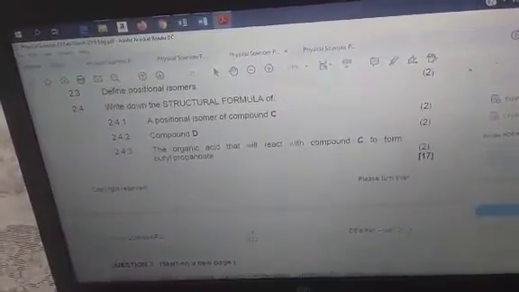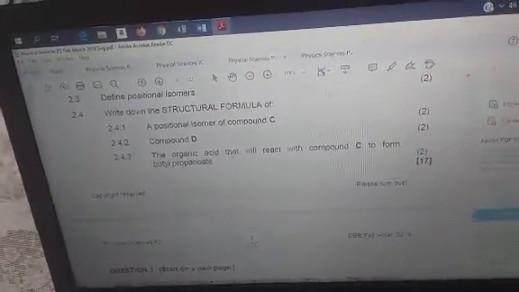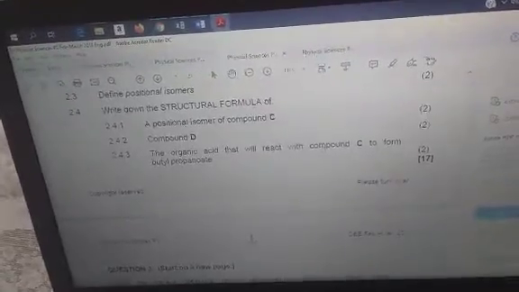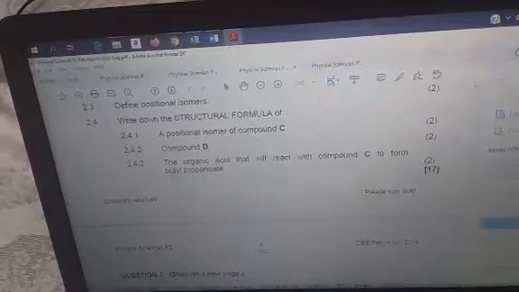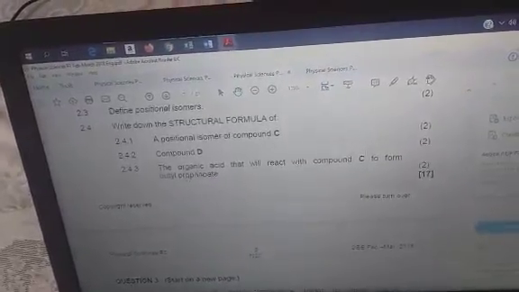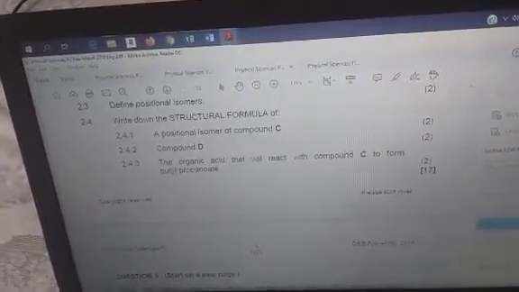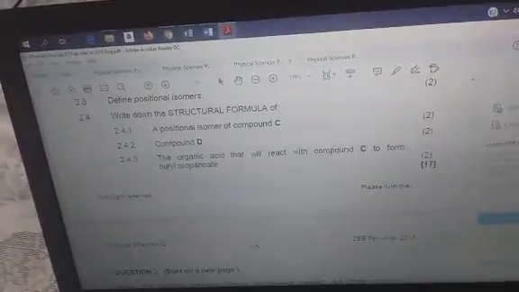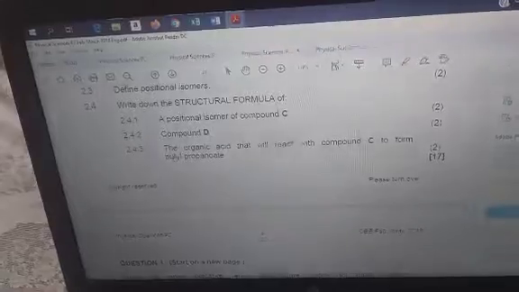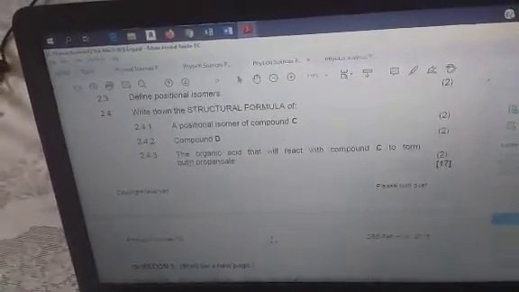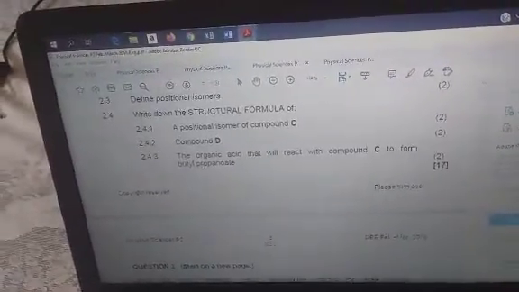The organic acid that will react with compound C to form butyl propionate. Remember, they are saying this is butyl, meaning compound C is supposed to be an alcohol. But they are saying here it is propionate.